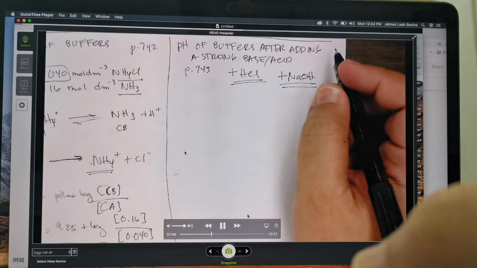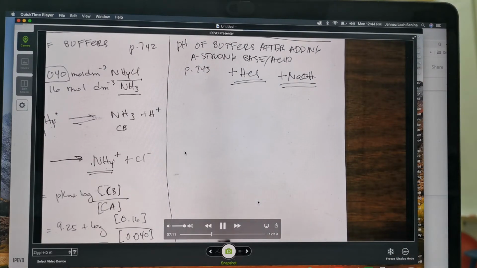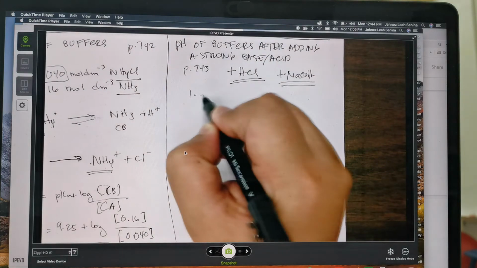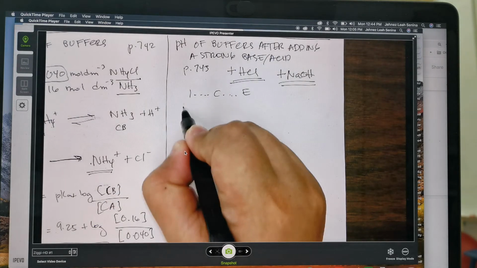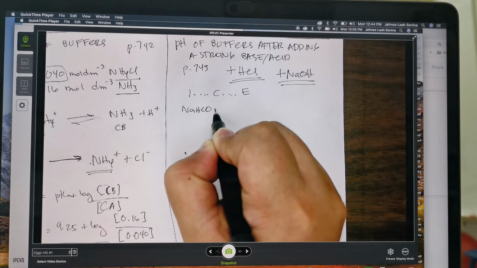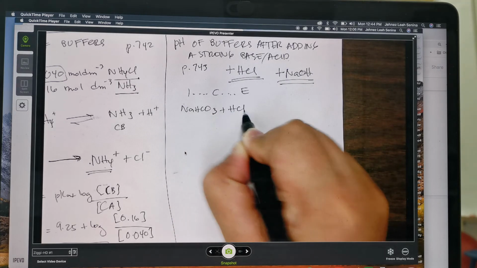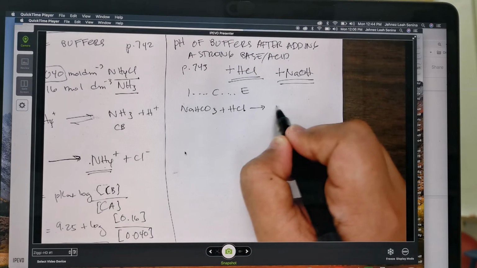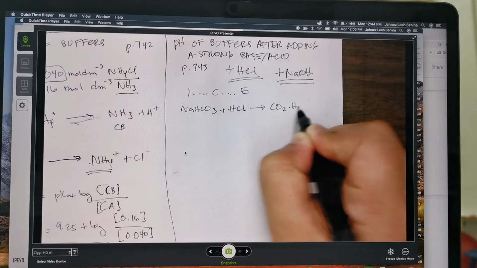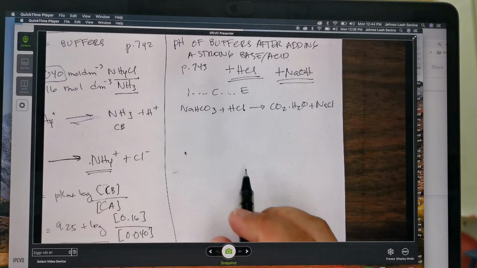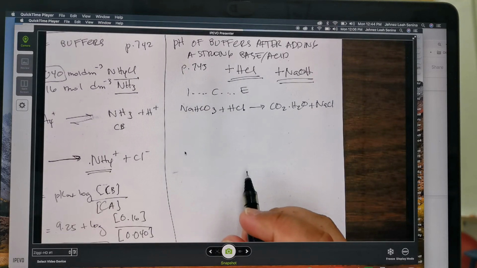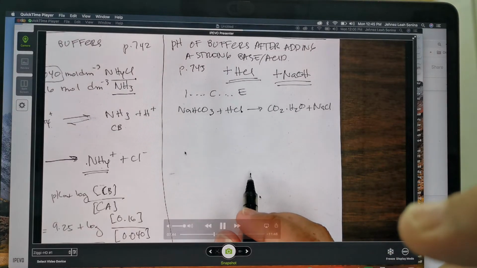If the problem says adding a strong acid or a strong base, we will have to do the ICE method. Okay. Miss, what is the ICE method? So first of all, you write your equation. So the problem says you have sodium hydrogen carbonate. When you add HCl to it, it becomes this. Okay? Now, first, before you start, you have to identify which is your conjugate acid and which is your conjugate base.